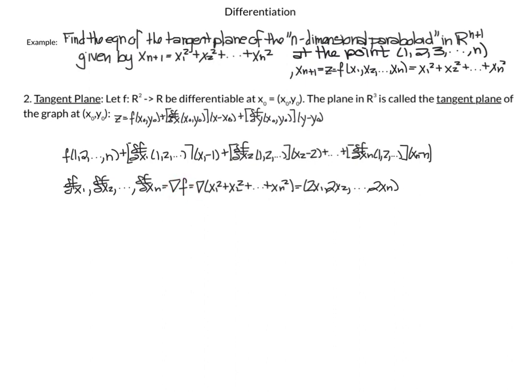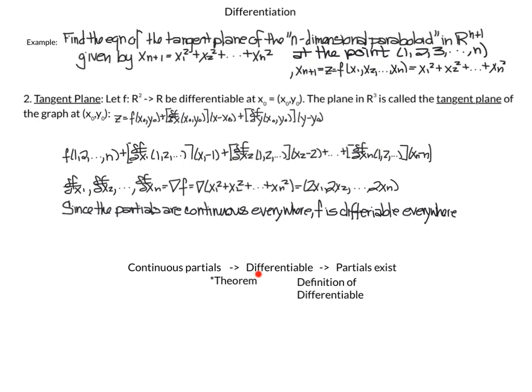So the del of our function x1 squared plus x2 squared up to xn squared is equal to the partial derivative with respect to x1, df dx1. All of these go away because they're constant, and you get 2x1. Partial derivative with respect to x2, all of these other things are constant, so you're just left with 2x2, all the way up to xn, which will get 2xn.